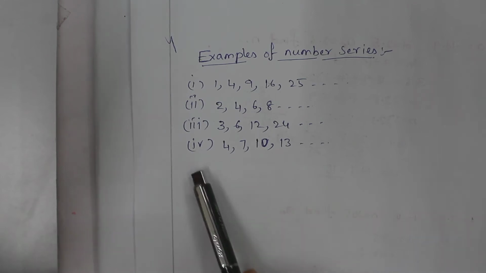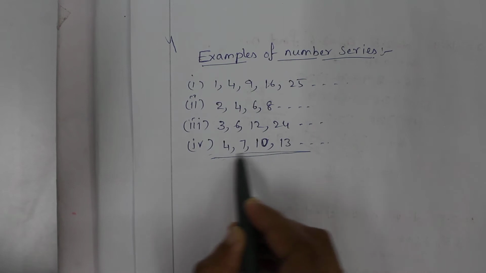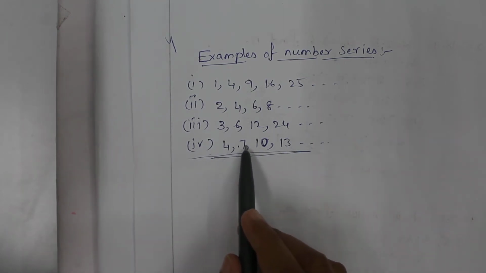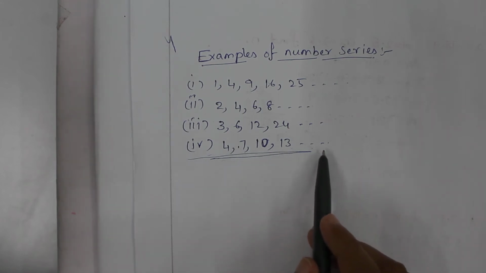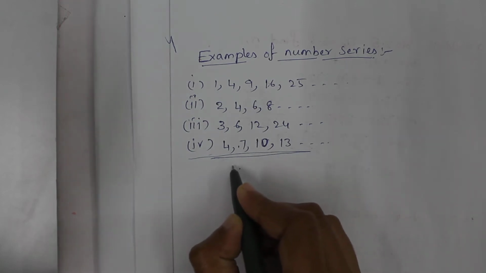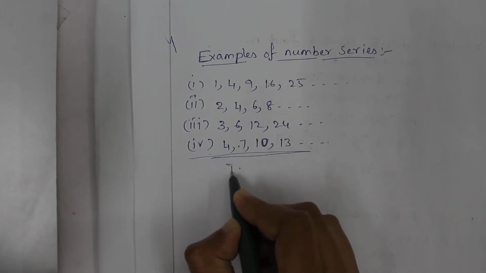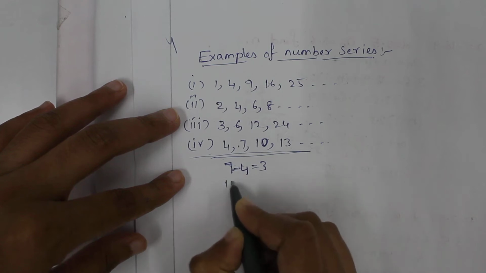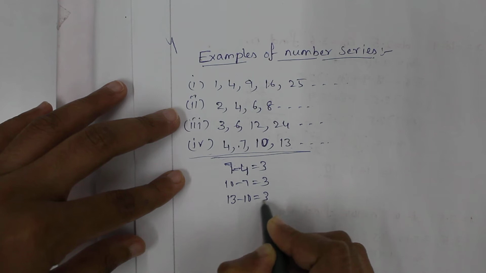So what do I mean by that? Look at the last example here. 4, 7, 10, 13 and so on. Here I am adding plus 3 to each number to get the next number, right? So this is called an arithmetic progression. Here this common difference 3 is denoted with the letter D. For example, 7 minus 4 is 3, 10 minus 7 is equal to 3, 13 minus 10 is equal to 3.